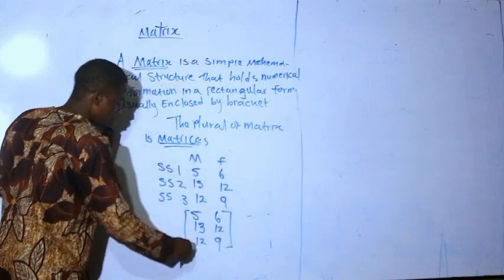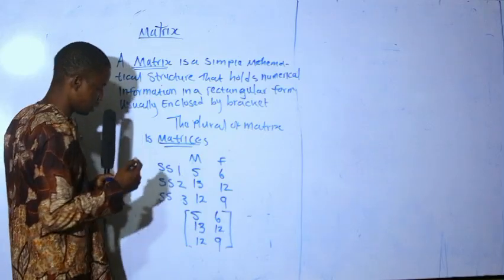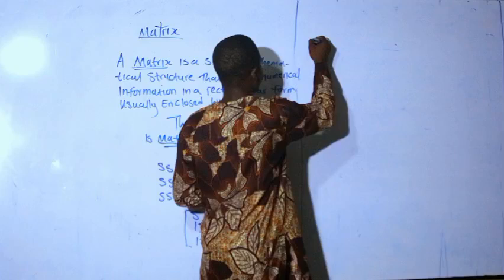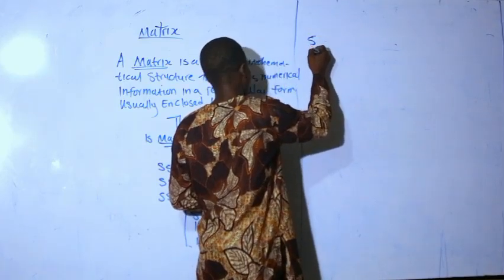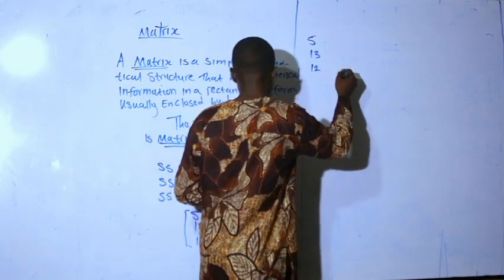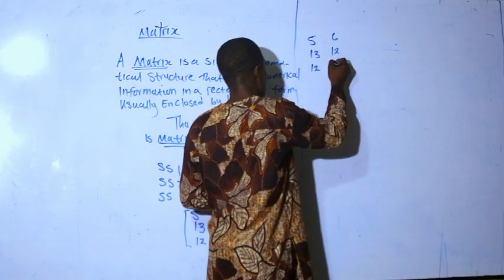Yeah, enclosed by bracket. Now let us look at the naming. We have 5, 13, 12, and 6, 12, and 9.